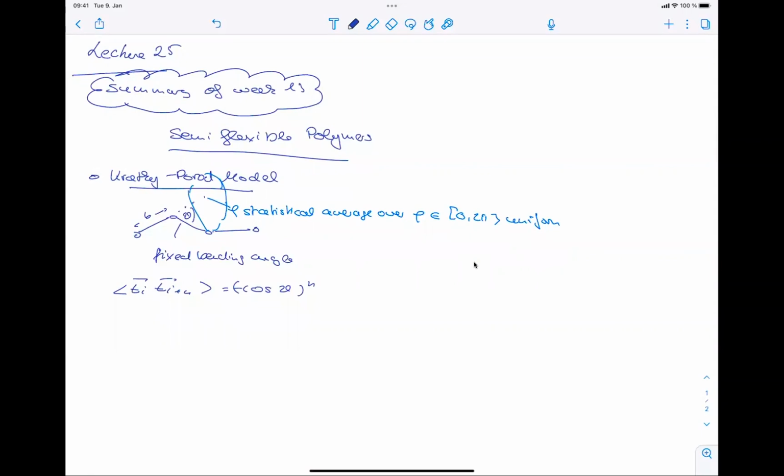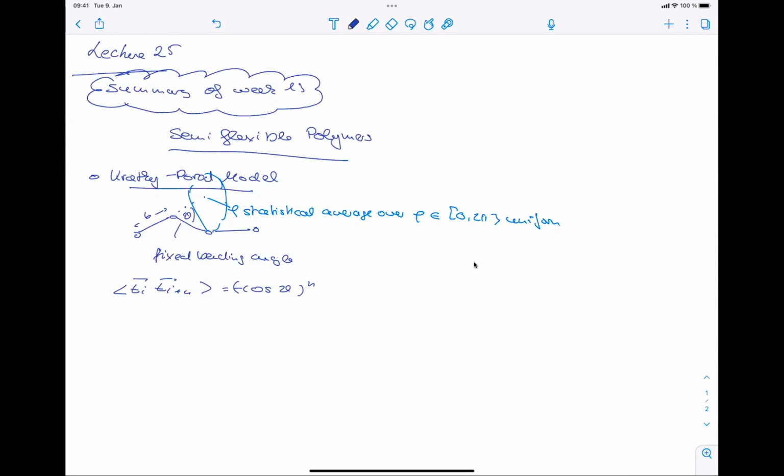And also, as soon as we can get the tangent-tangent correlation, we have the end-to-end distance vector and entire moments and the radius of gyration. These are all within reach and computed. But this is more or less where it also stops.